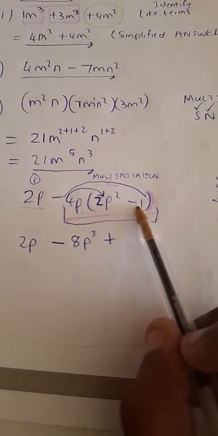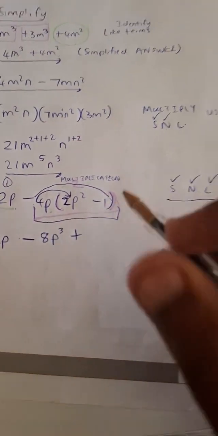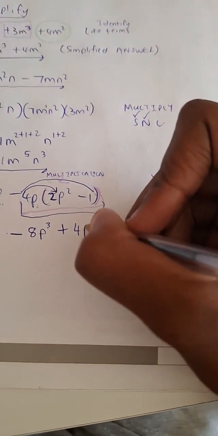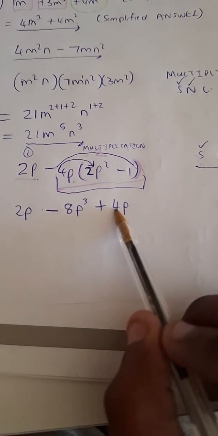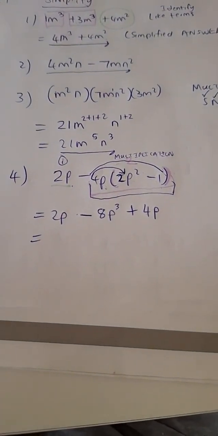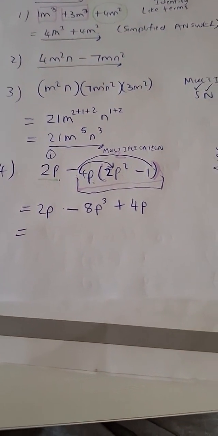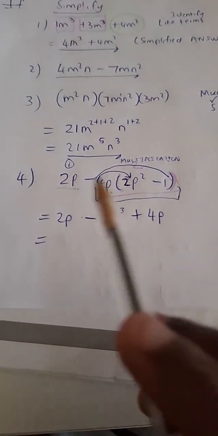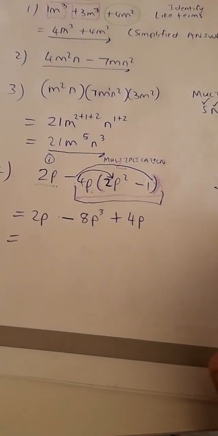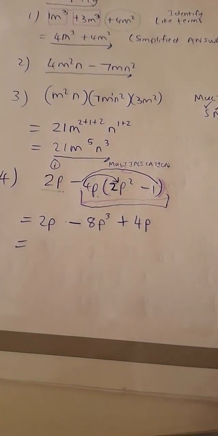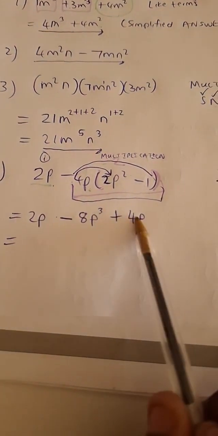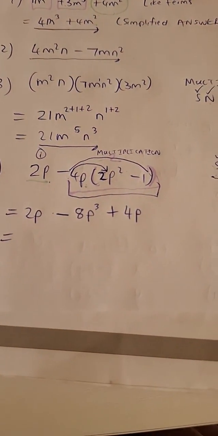Negative times a negative, guys, is positive. 4 times 1 is 4. P combined with the number. Now, guys, I'm sure you can see, after the distribution, I can see 3 visible terms. And in those terms, you can clearly see that there are like terms that you can take care of.